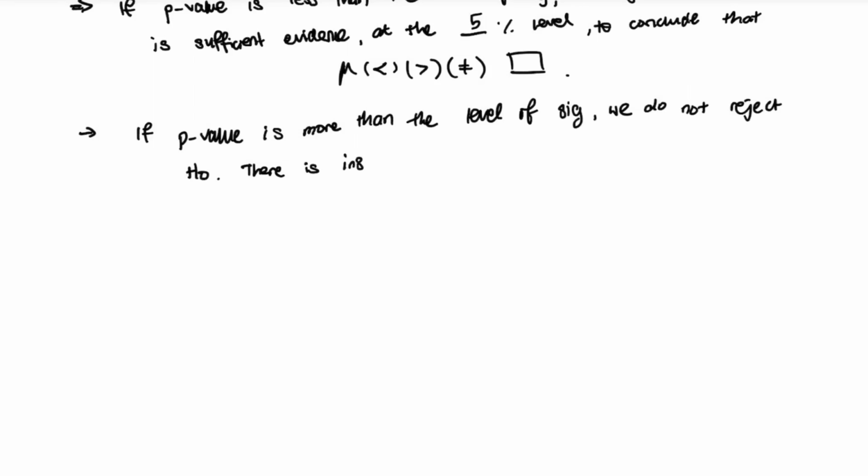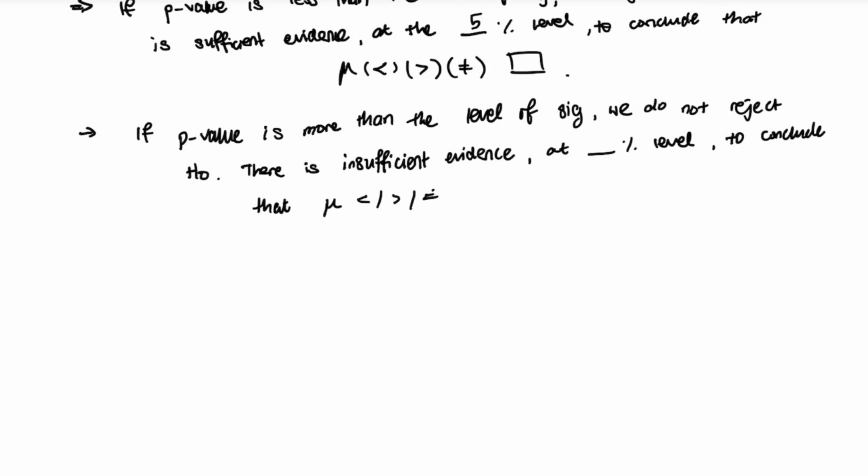There is insufficient evidence at whatever the percentage level is to conclude that the mu value is less than, more than, or not equivalent to whatever the value is. So this is how you would answer the question when it comes to making a conclusion. This is what we call answering a hypothesis testing question.